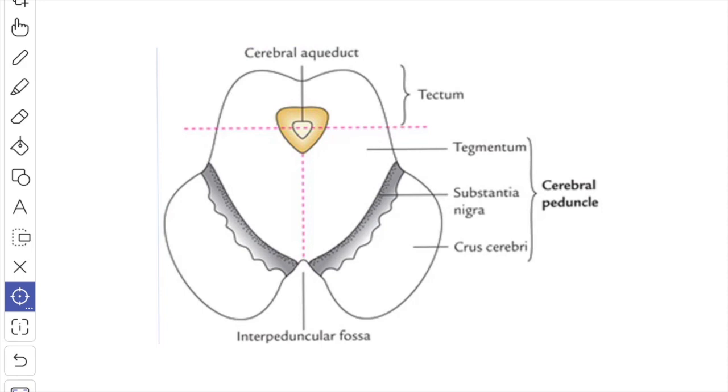The structures in the tectum and the tegmentum vary at different levels of the midbrain, but those in the crus cerebri and the substantia nigra are nearly the same throughout the length of the midbrain.